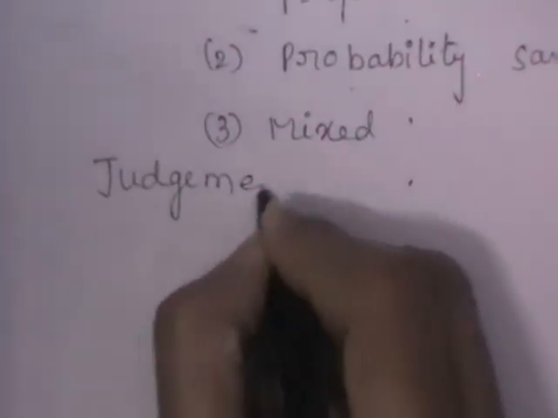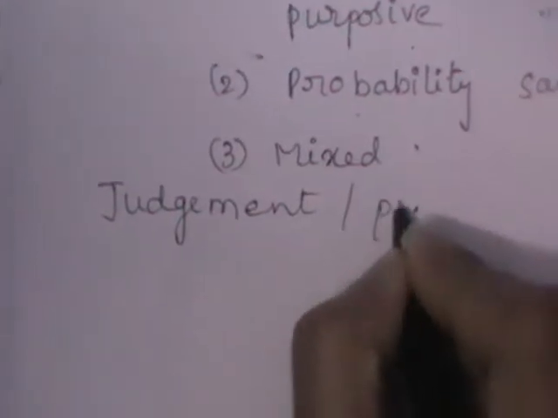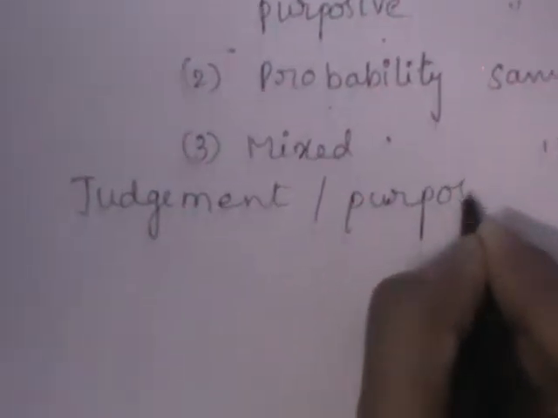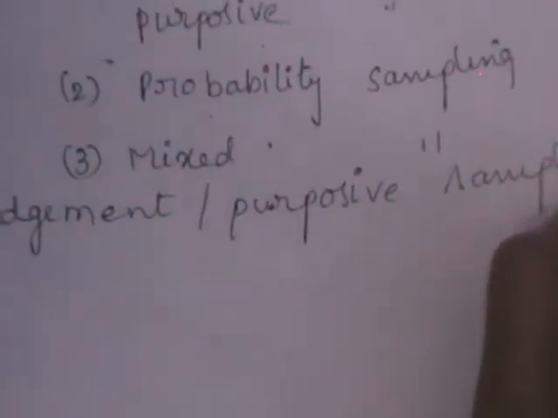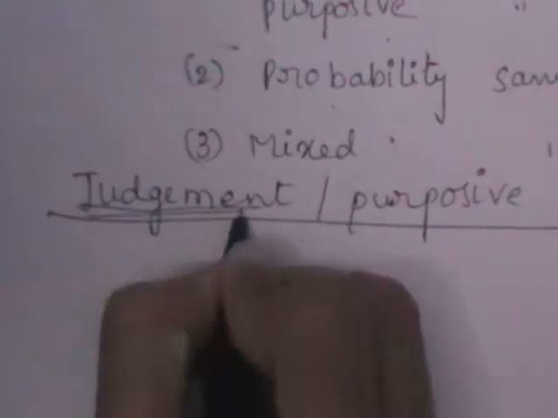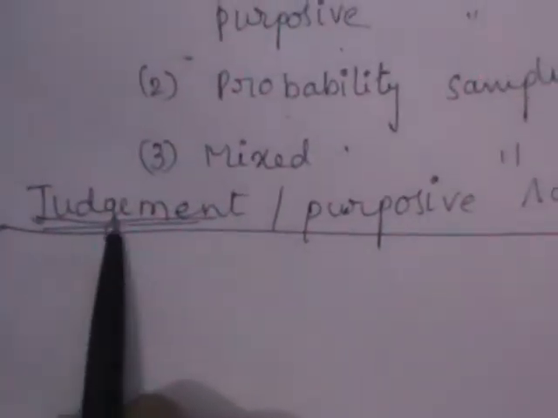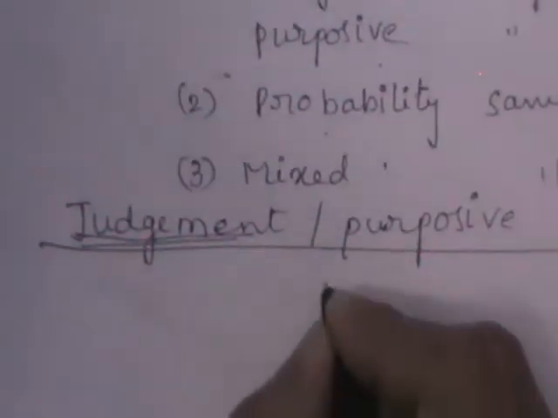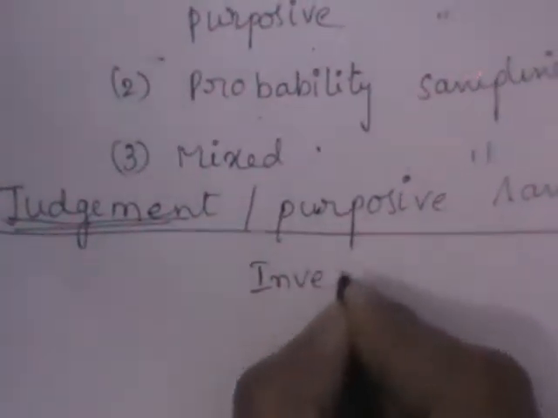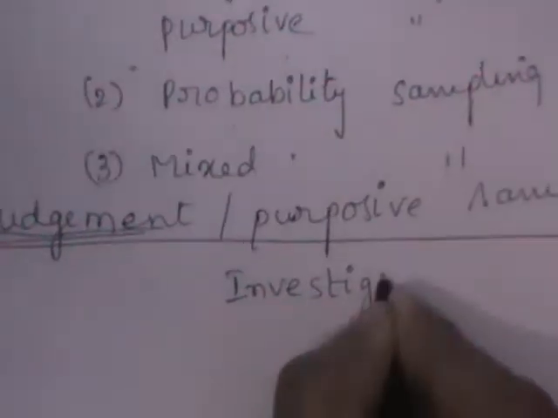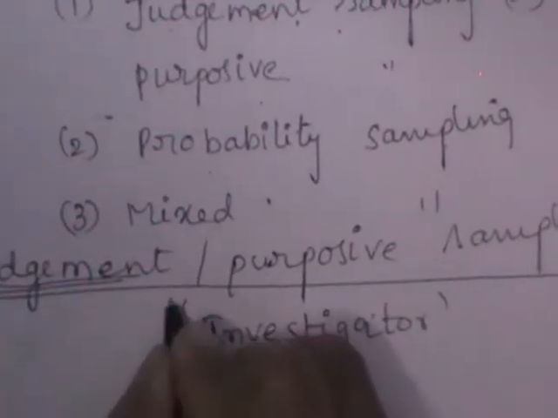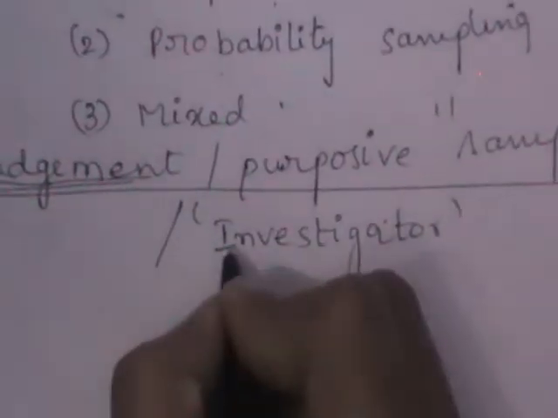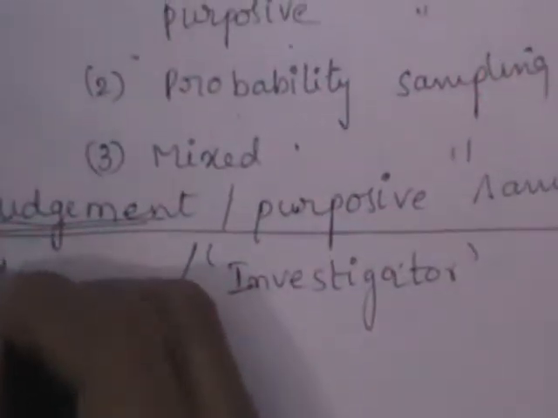Judgment sampling, or purposive sampling, the name itself indicates what it means. The way of drawing a sample from a population is called sampling. Let us see what judgment is. Here you have two words: investigator and judge. The one who collects the data is called the investigator. The one who is the main head of the survey is called the judge.